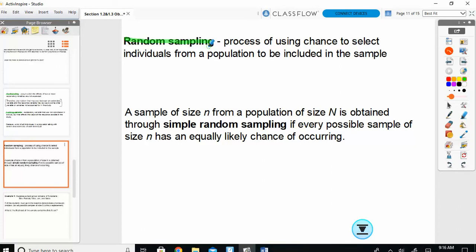When they were picking people to do the games on Monday, they spun the wheel. They got a random sample. They randomly selected people. Okay, so there's not a set method, it's just random who gets selected.